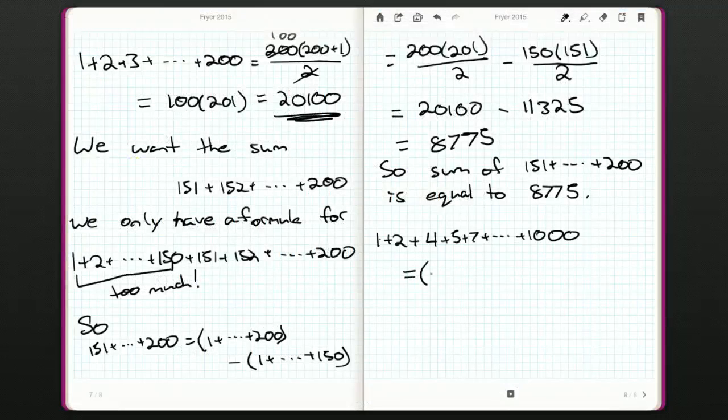They even tell us that this is the sum of the numbers 1 to 1,000. Remove every third integer. Okay, we have a formula for this. But we don't have a formula for this. We really don't. It's only the sum of the numbers 1 to n that we can handle. We can't handle 3 plus 6 plus 9 plus all the way up to 999.